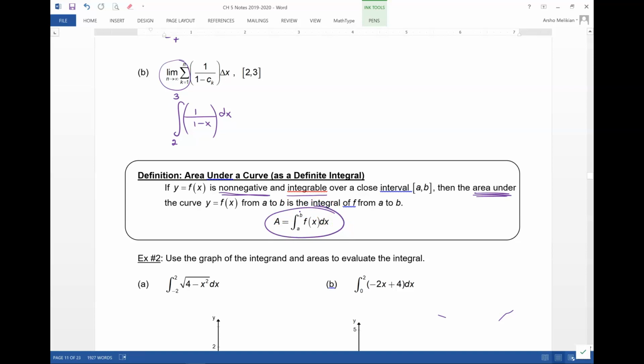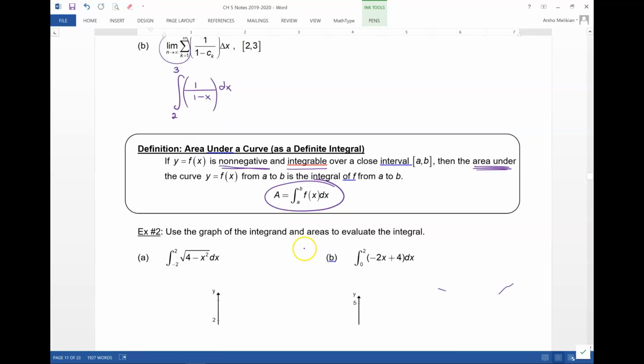That's the area under a curve. So if I ask you to find the area under a curve, that's what it is. If I was walking down the street and I just saw the integral from a to b of f of x dx, I would think to myself, somebody's looking for the area under f of x from a to b. Okay? That's what that is.